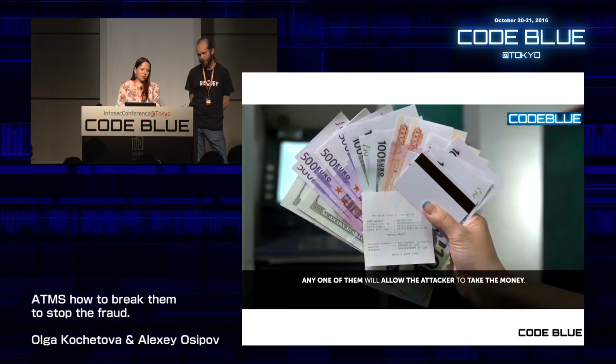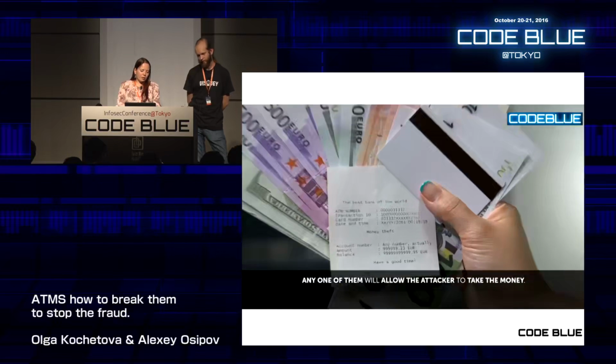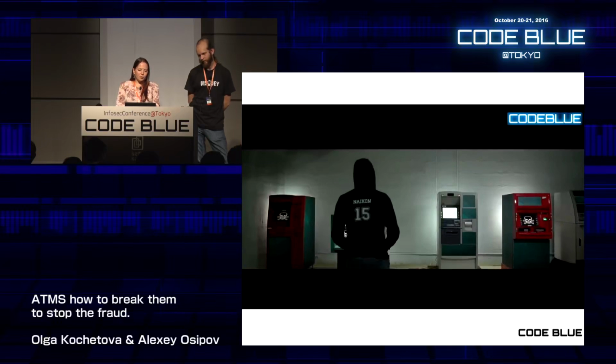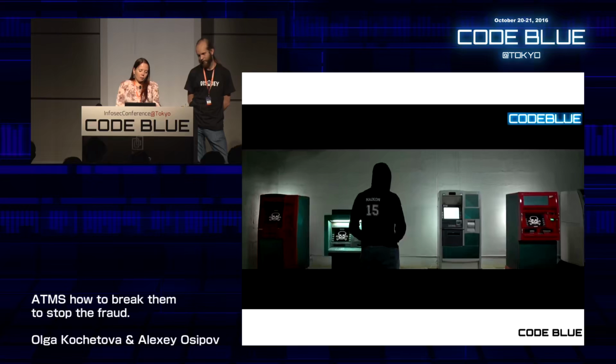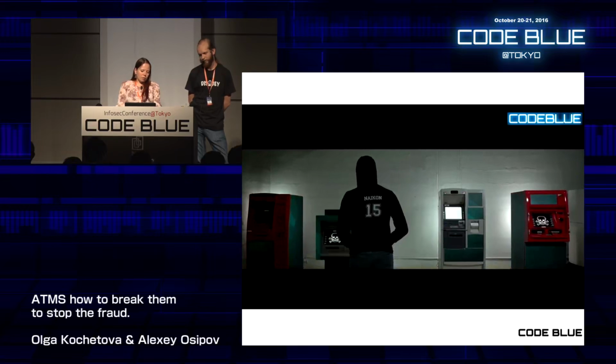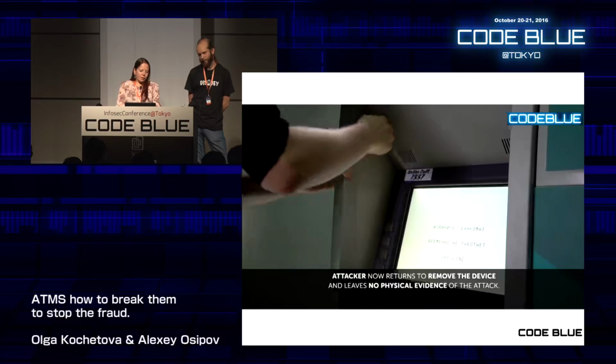And here is the jackpot of the attackers. And actually, it might be used with any cards, with any PINs. Now the attacker came to the ATMs again to leave no forensic evidence.